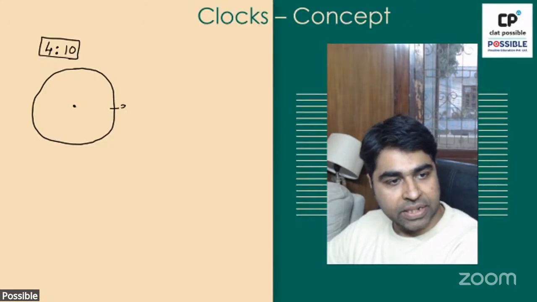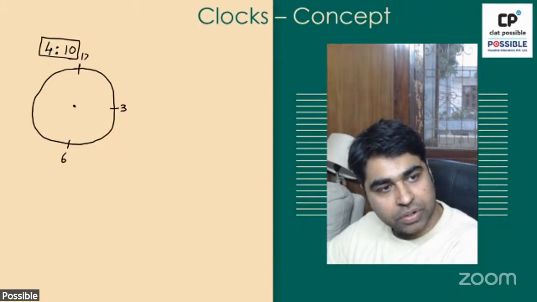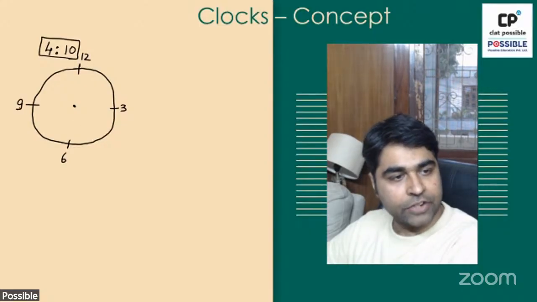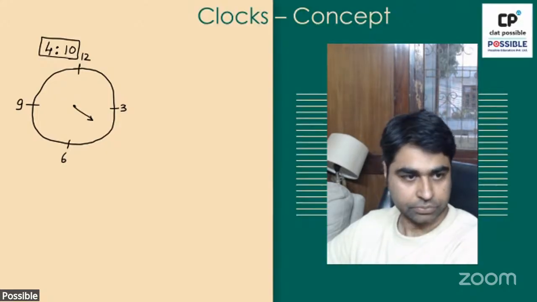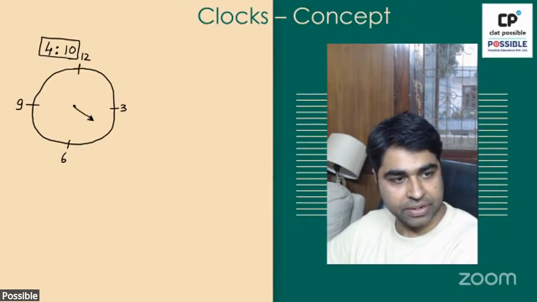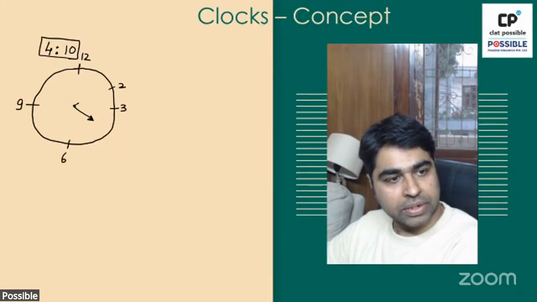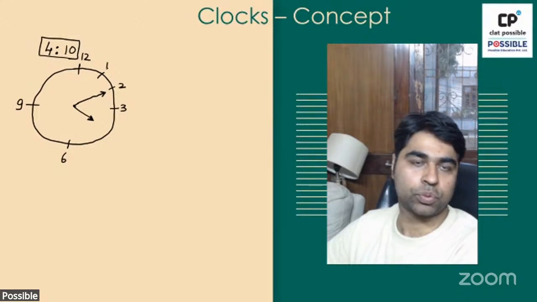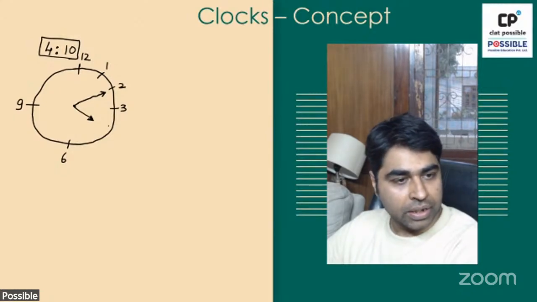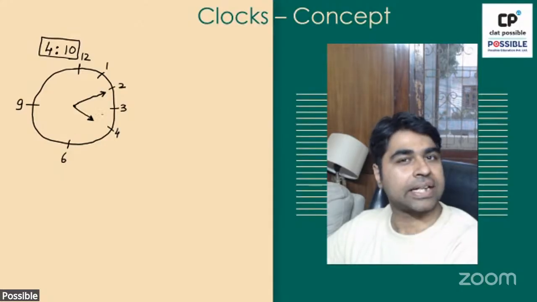If this is 3, this is 6, this is 12, this is 9, then at 4:10, what will the picture be like? The hour hand is somewhere here. And if this is 2, then the minute hand will be exactly in front of 2, right? And the hour hand, which is at 4, will be slightly ahead of 4.